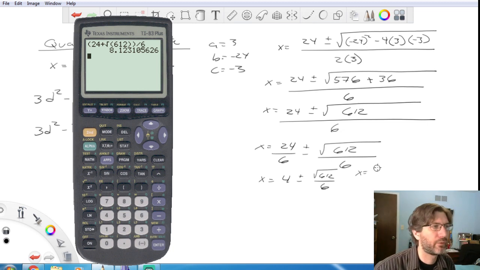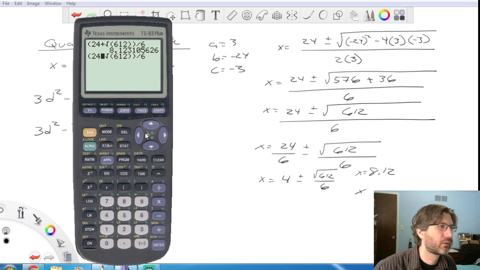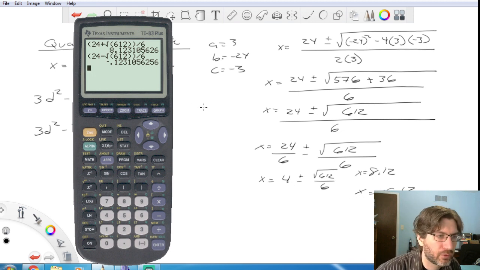Yeah, 8.12, and then the other version is the negative version. Just gives me negative 0.12. That makes more sense to me. So just watch the calculator work. It's not being friendly to me today. How did I screw that up?